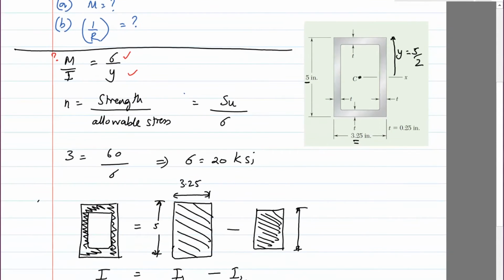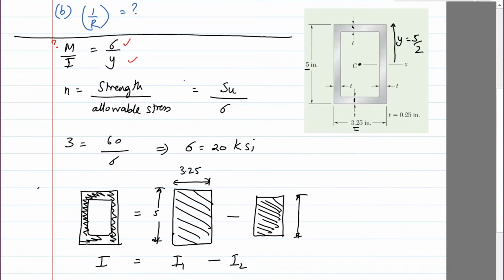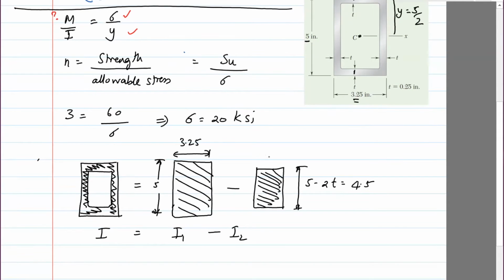So it's going to be 5 minus 2 times the thickness, because the thickness appears here and it appears there. So the thickness is 0.25. So this is going to be 5 minus 2 times thickness, so 5 minus 0.5, 4.5. And then this is also going to be 3.25 minus twice the thickness, which comes out to be, I think, 2.75.